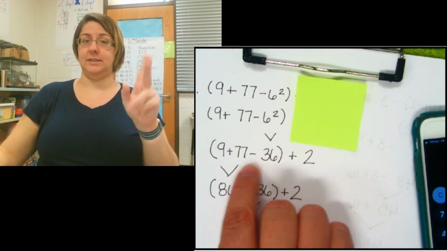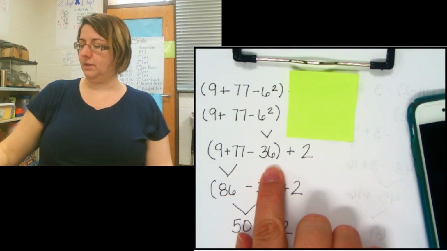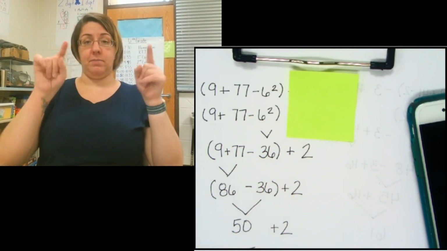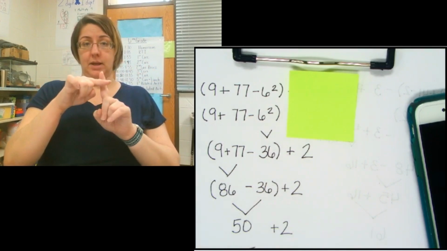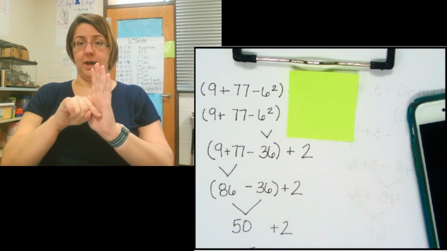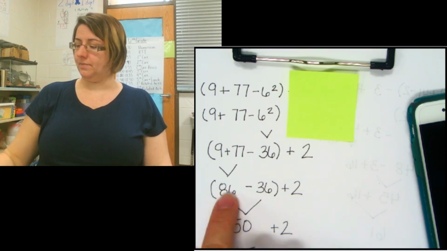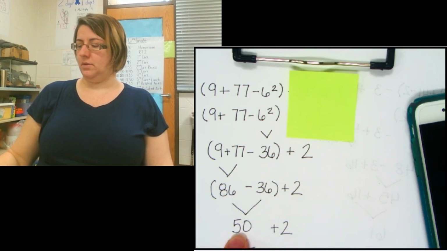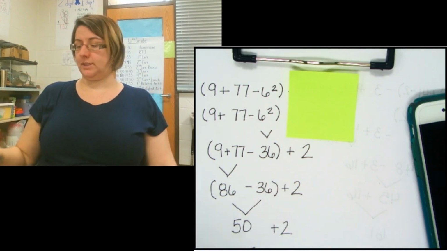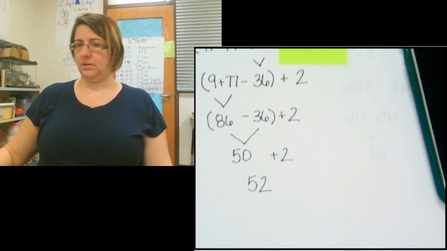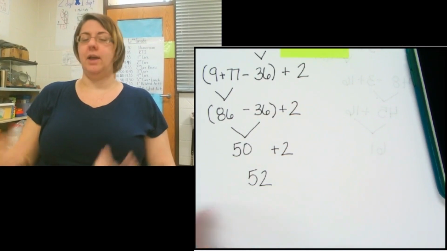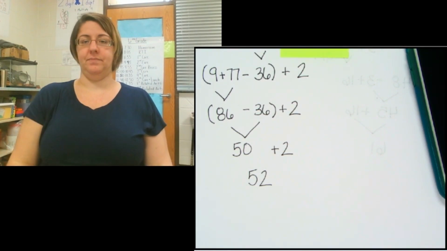Same as 6 times 6. So then we had our parentheses, 9 plus 77 minus 36. We finished our parentheses. We added our 2, and we got 52.